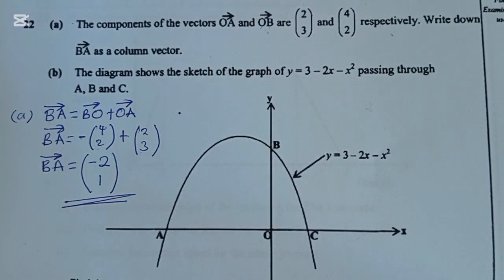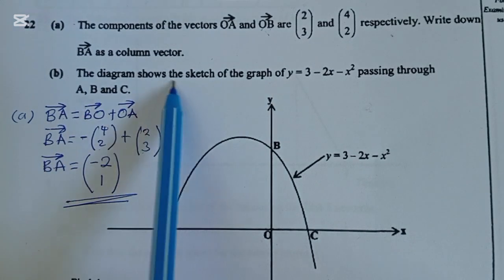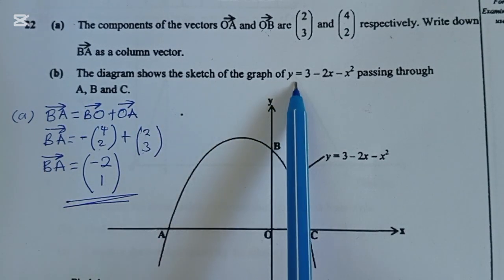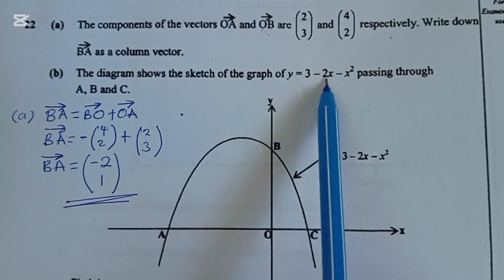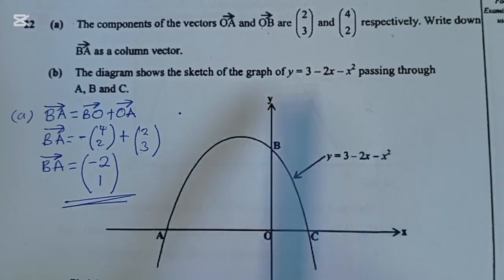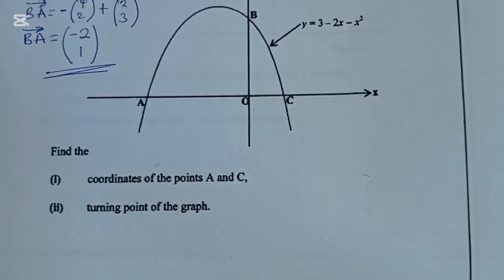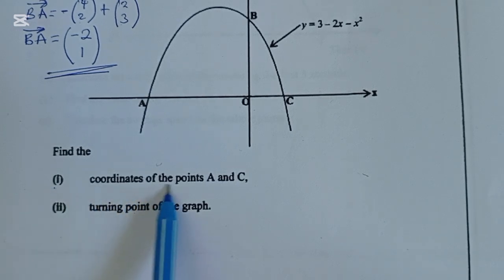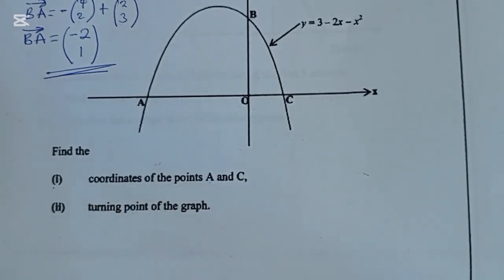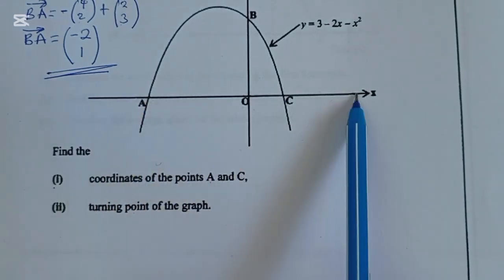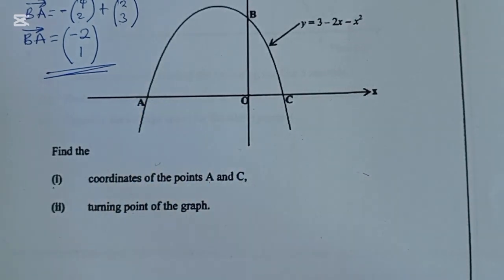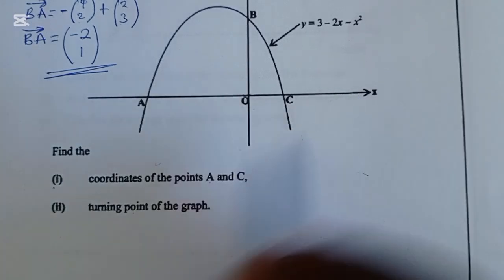The diagram shows the sketch of the graph y is equal to 3 minus 2x minus x squared passing through A, B, and C. So the question is, find, number 1, the coordinates of the points A and C. So the points A and C are on the x-axis.